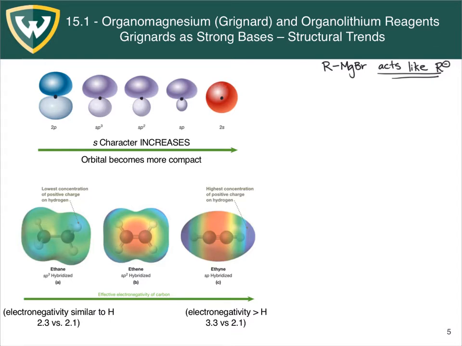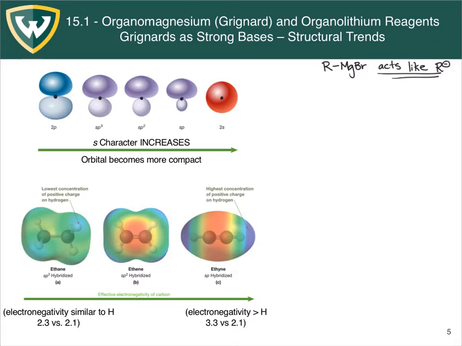If you look now at the sp, the bulk of the sp orbital is actually pretty close to the nucleus here, and then as we proceed toward the 2p orbital, the electron density gets farther and farther away.